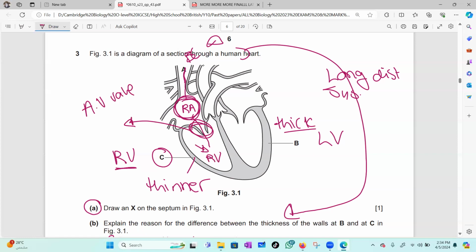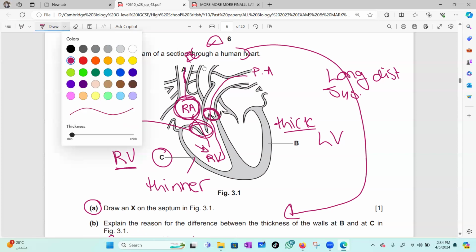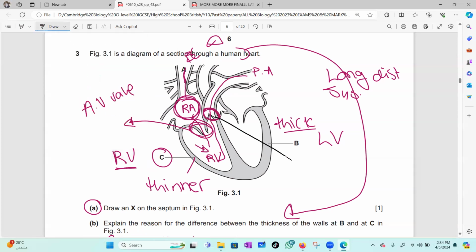Correct. The right ventricle will contract and the pressure inside it will rise, and then it will enter the pulmonary artery through the open valve. What's this valve? The pulmonary valve.